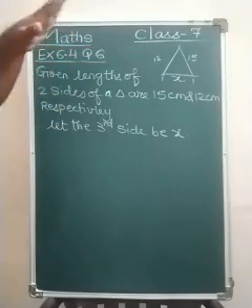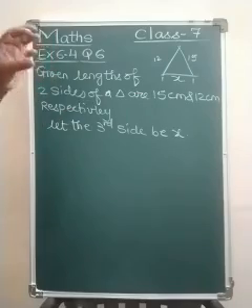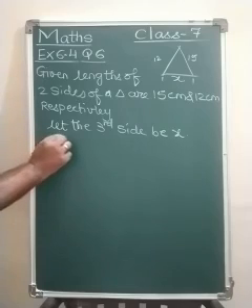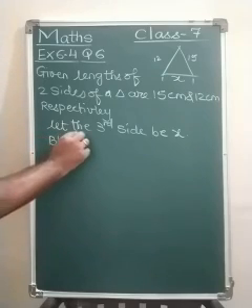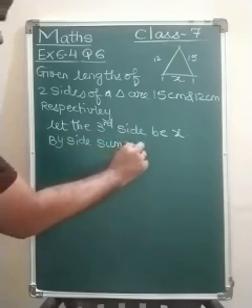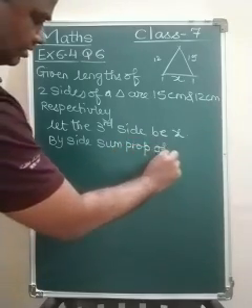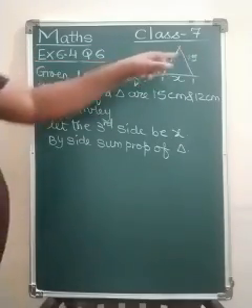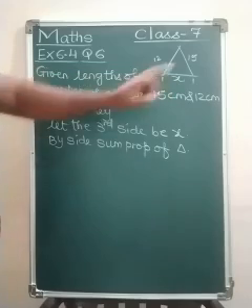Since this is a triangle, the side sum property is applicable for this also. By side sum property of triangle, the sum of the lengths of two sides is greater than the third side.